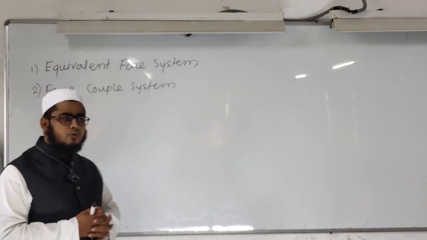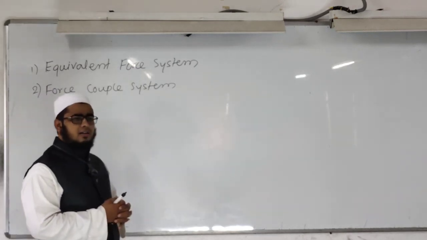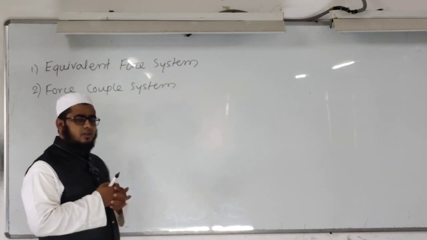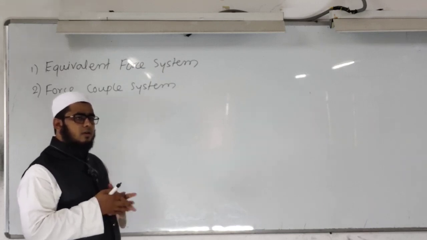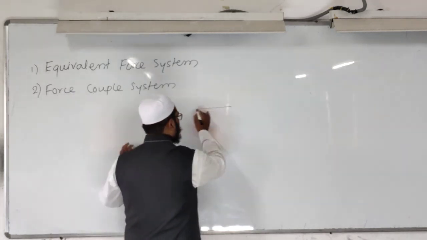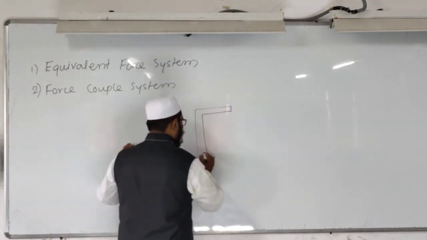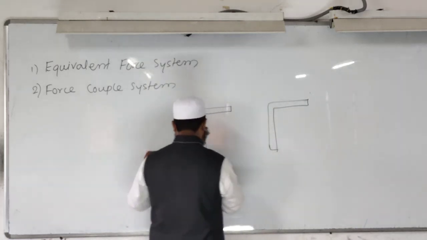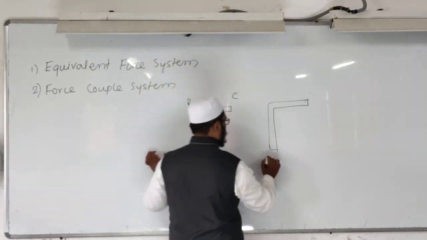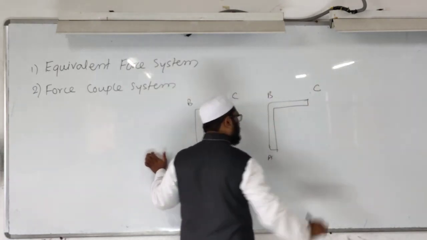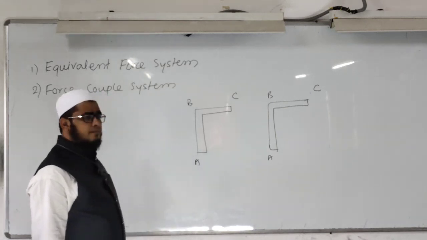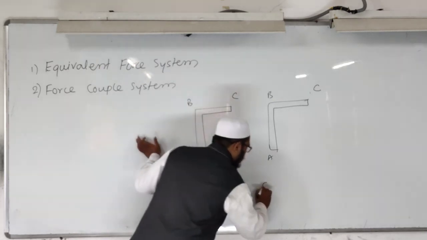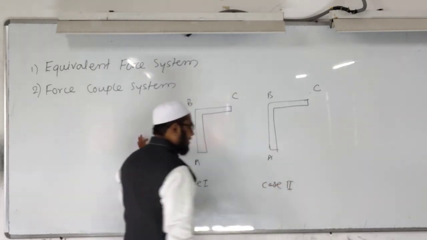Whenever two force systems have the same resultant, assume that there are two force systems acting on the bracket ABC, and we will consider two cases, case first and case second.